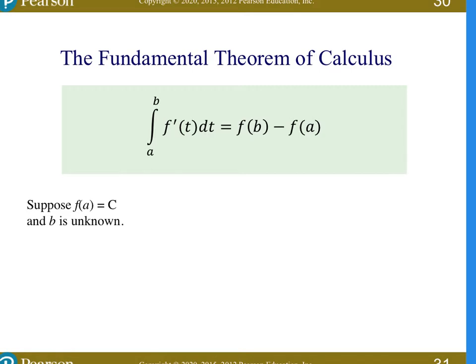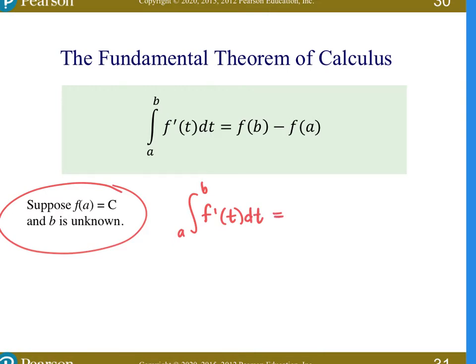So let's suppose now that f of a can be replaced with c as a constant, but b is still unknown. Then this would become the integral from a to b of f prime of t dt equals f of b minus c.